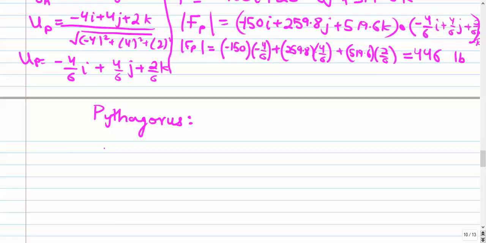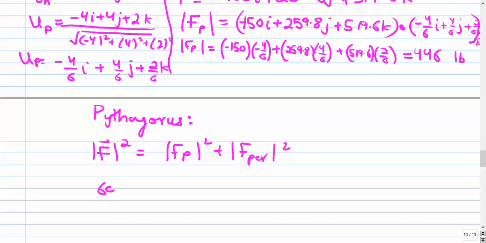So the Pythagorean theorem says that the hypotenuse squared is equal to the adjacent squared plus the opposite squared. So the adjacent is the parallel component, right? And the opposite is the perpendicular component.